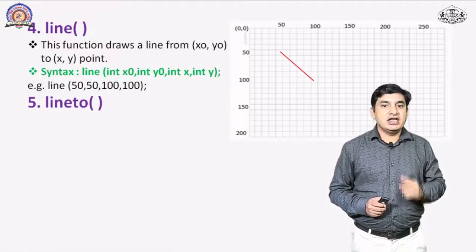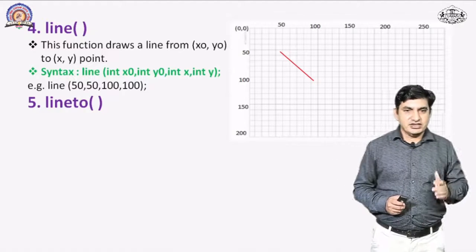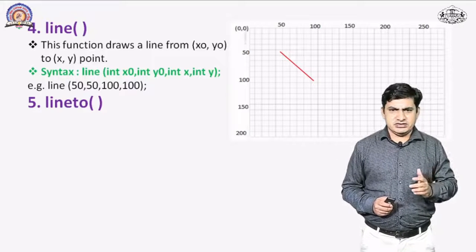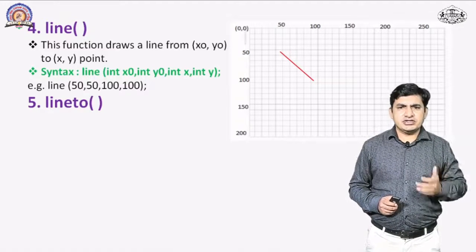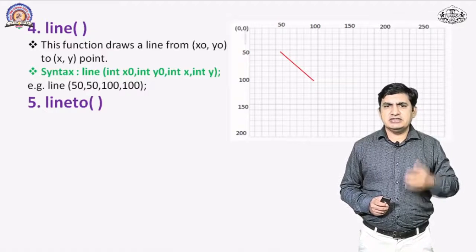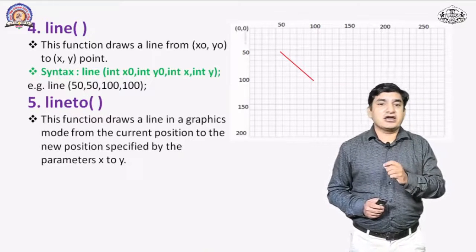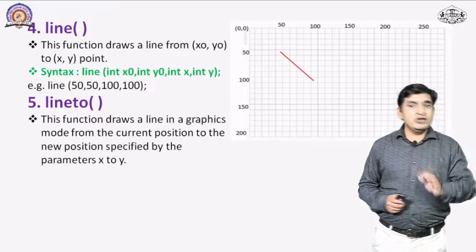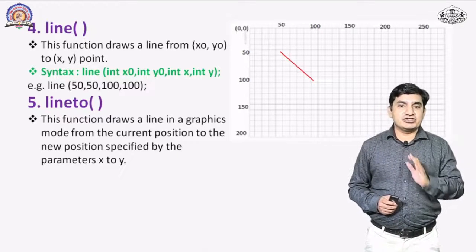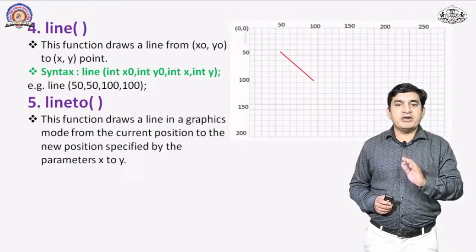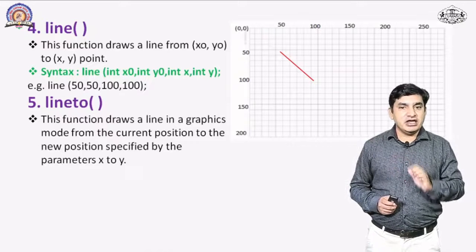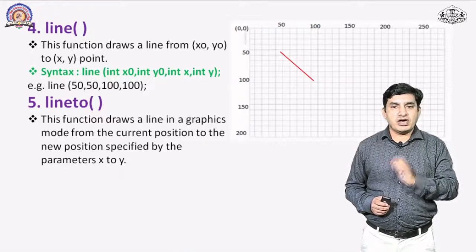Next is the line to function. The line to function draws a line in graphics mode from the current location to a new position specified by the parameters x and y.